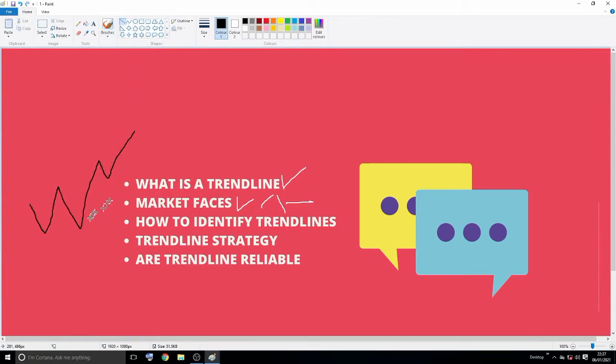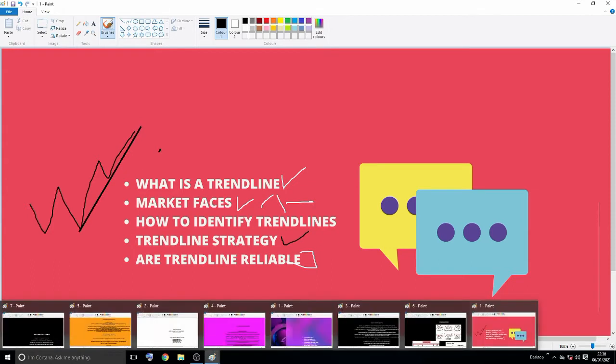So this can be your trend line. I also explained a bit about trend line strategy, and whether trend lines are reliable or not.